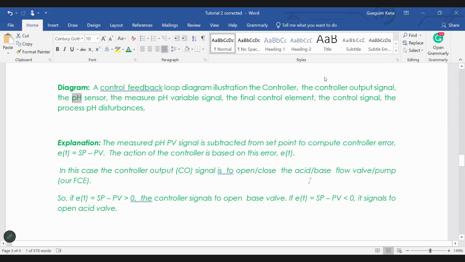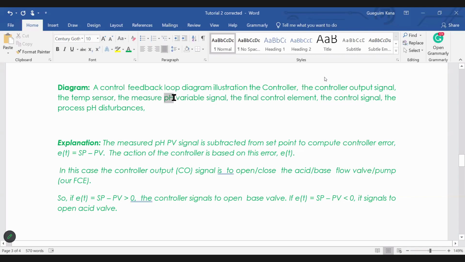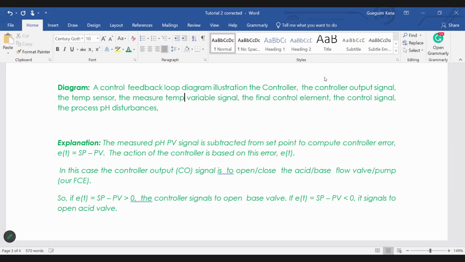In other words, the controller output, the temperature sensors, the measured temperature variable, and the final control element, the control signals. These are the key elements involved in the reactor. These key elements have to be present in your diagram.